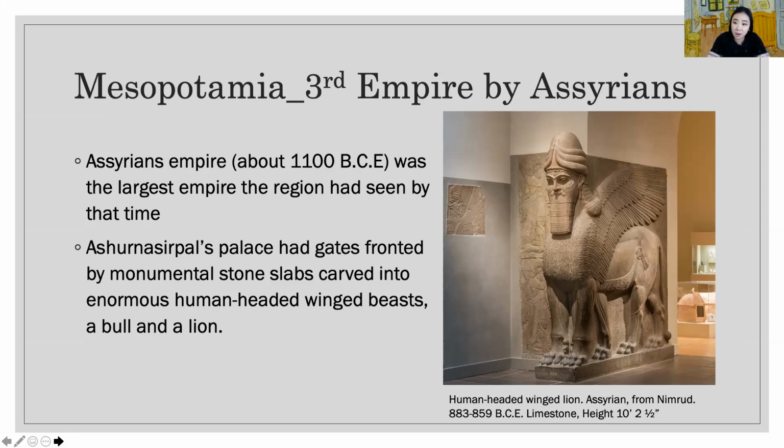It was the largest empire the region had seen by that time. Ashurnasirpal's palace had gates fronted by monumental stone slabs carved into enormous human-headed winged beasts, a bull, and a lion.